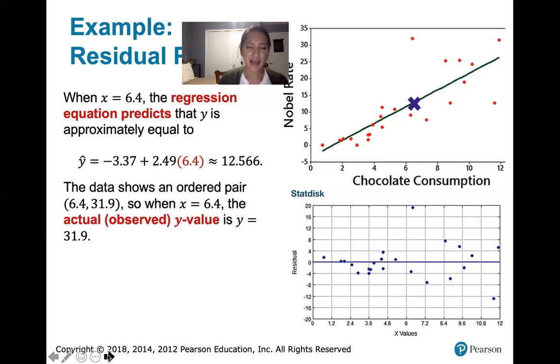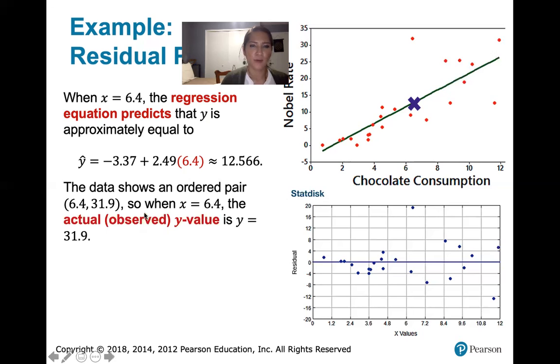But if we look at our original data, we had that table with 23 ordered pairs on it. One of the ordered pairs on that table is x equals 6.4, y equals 31.9. So there is a particular country in our data set that has a chocolate consumption rate of 6.4 kilograms per capita, and they have 31.9 Nobel laureates per 10 million people in their country.